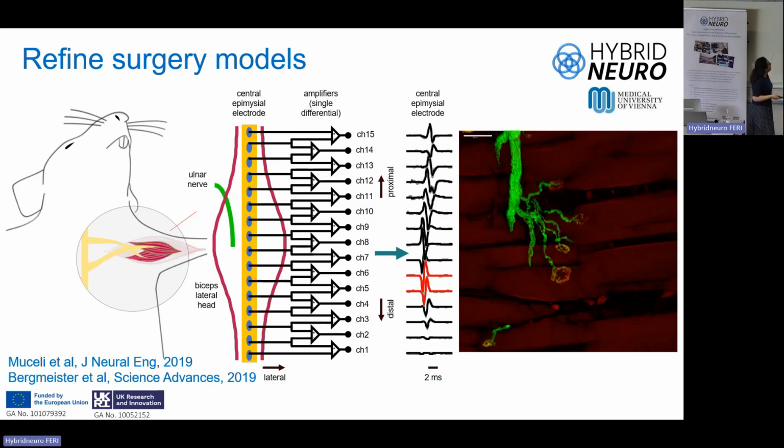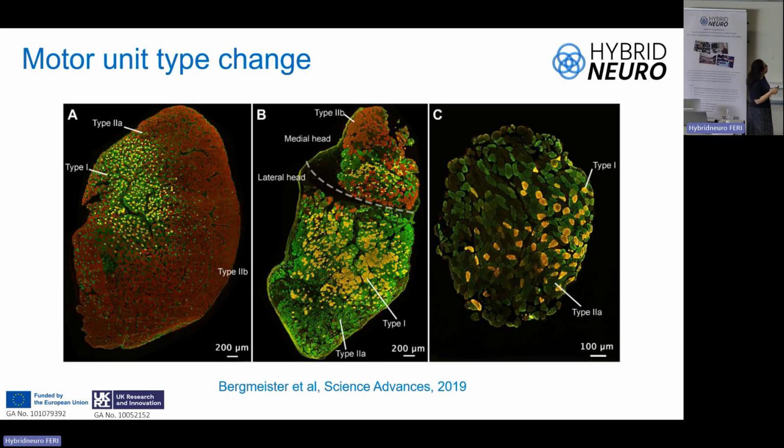Rather than the physiological data, I will actually show the imaging data from our colleague Konstantin Bergmeister. What you have here is a biceps muscle, and you can see that this muscle is composed of type 1, type 2A, and type 2 fibers, represented in different colors.